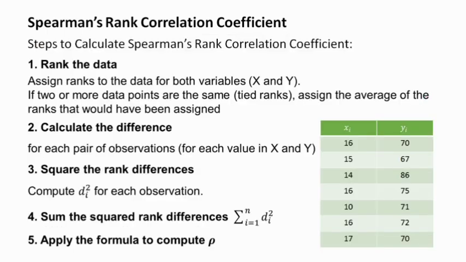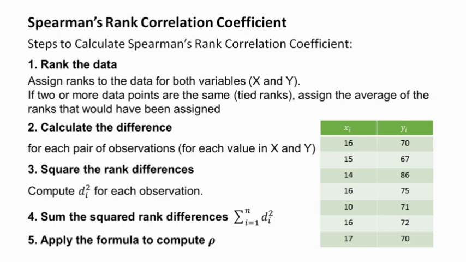Let's see the steps involved in the Spearman's rank correlation coefficient calculation. The first step is to rank the data. Whatever data is given to you, first you have to rank it, assigning ranks to both the data variables. As we have seen, the data values are not used for determining the Spearman's rank correlation coefficient; we are using their ranks.